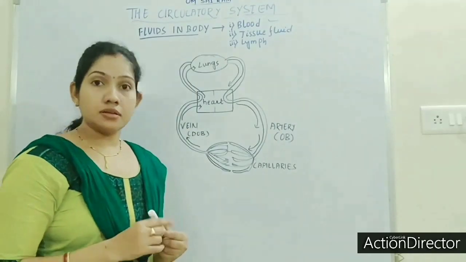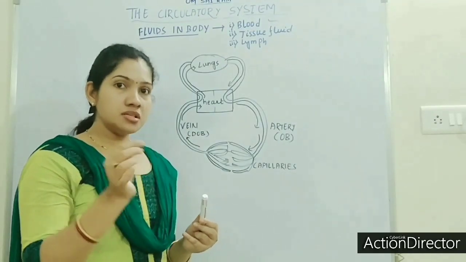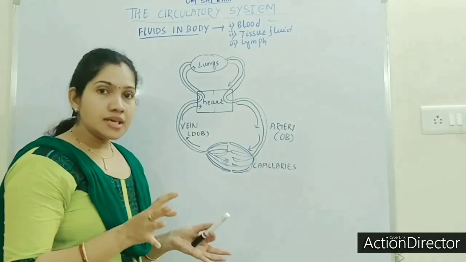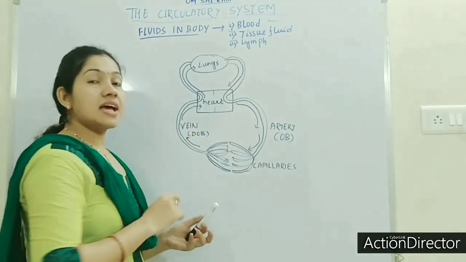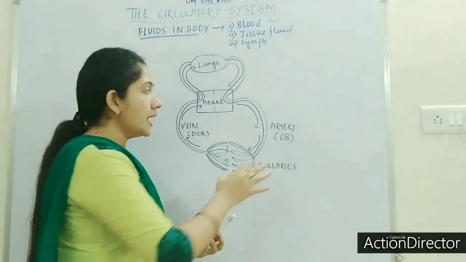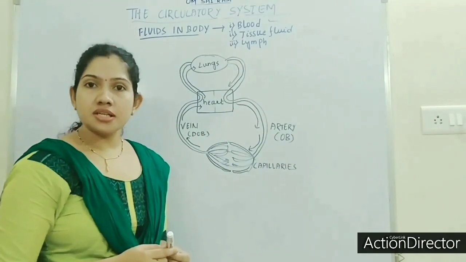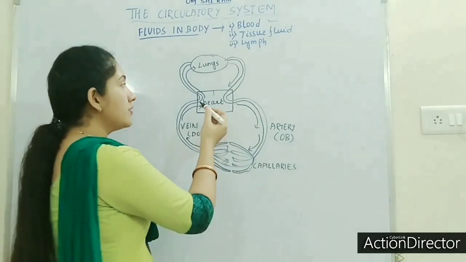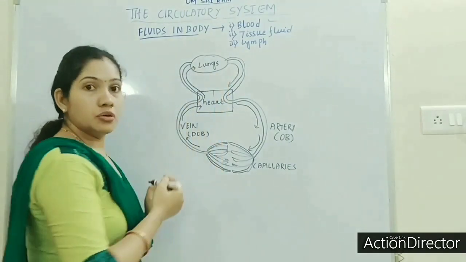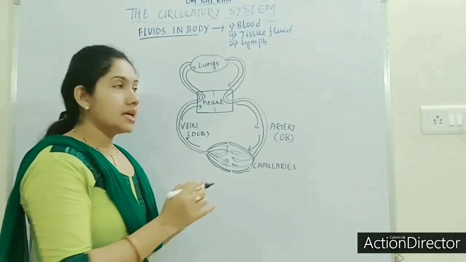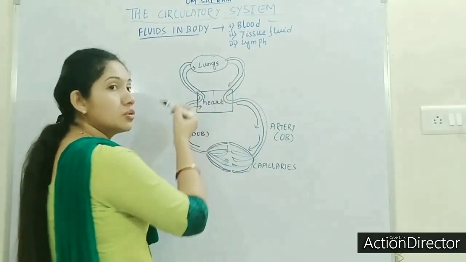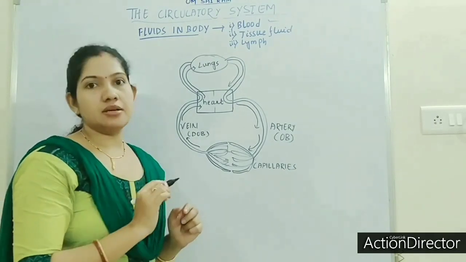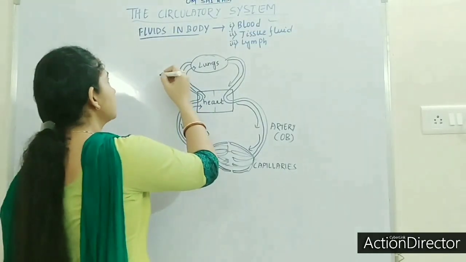So here I am giving you one exception, just listen carefully. Just now I said that veins are the carriers of deoxygenated blood and arteries are the carriers of oxygenated blood. But the blood vessel that is connected from heart to lungs, which carries deoxygenated blood, is an artery, the pulmonary artery. Okay.